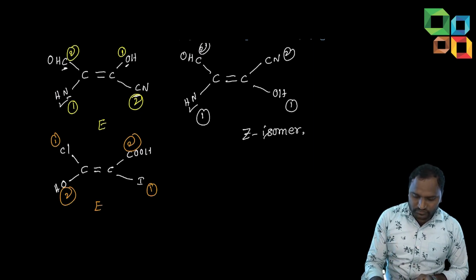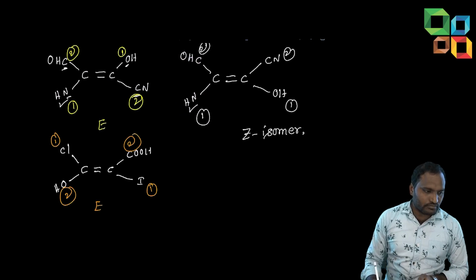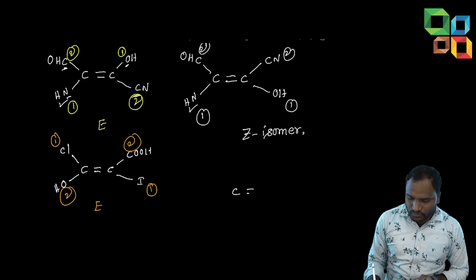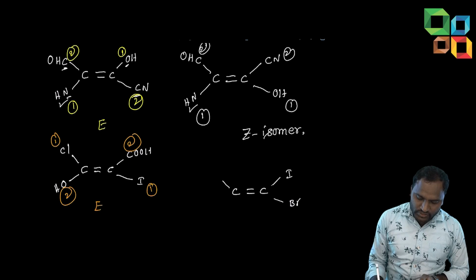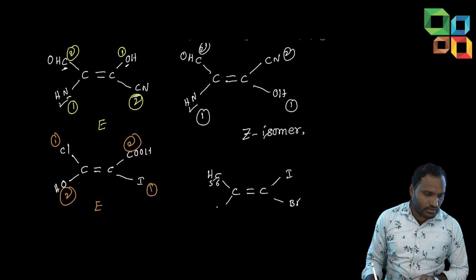And the last one. C double bond C, iodine, bromine, C6H5, NHCH3.